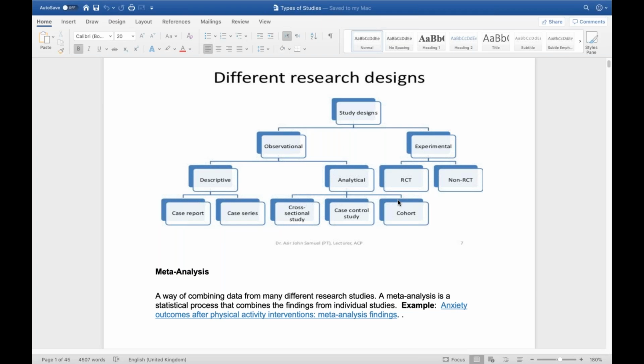Yes. Okay. And the other thing is usually a cohort study is prospective. You do it in the future, and the case control study is retrospective. You bring these people and these people, and you start asking them what happened in the past.